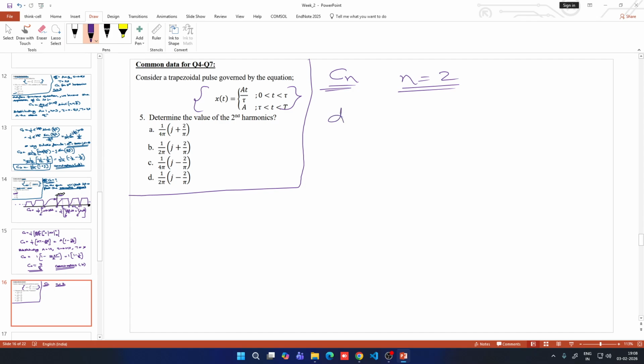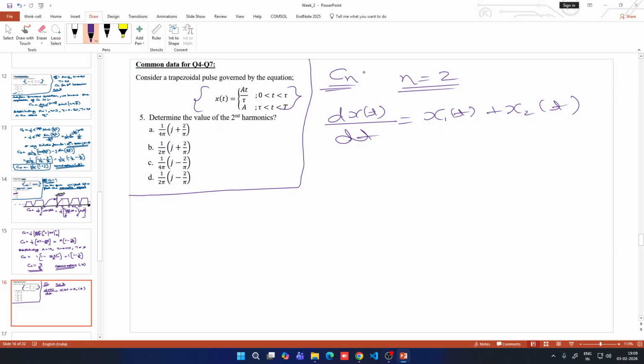So we have to find the second harmonic. For that we first have to find the Fourier coefficient, right? The shortcut way is to first differentiate this x of t and write it in the form where it is a sum of two impulse trains, x1 of t plus x2 of t. I hope till here it is clear, right?